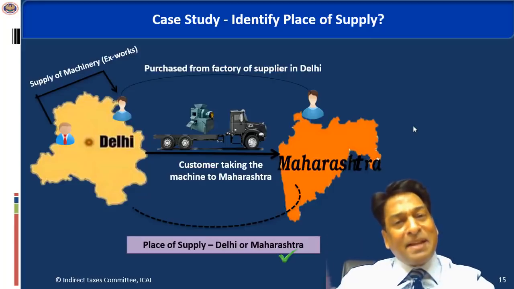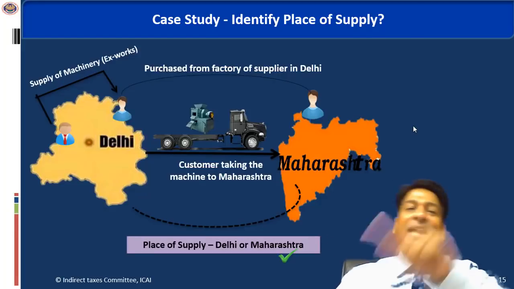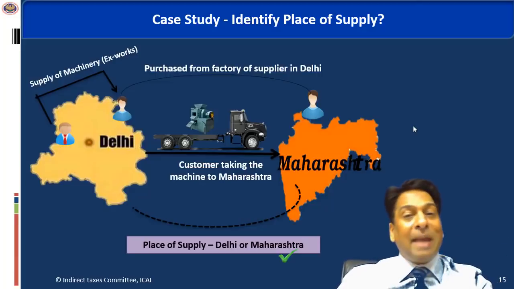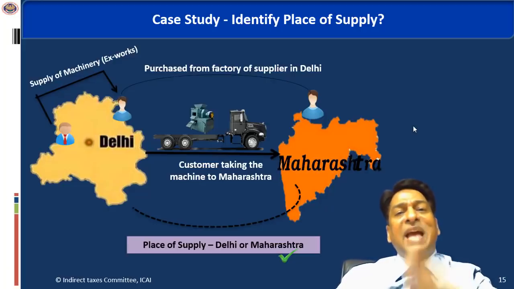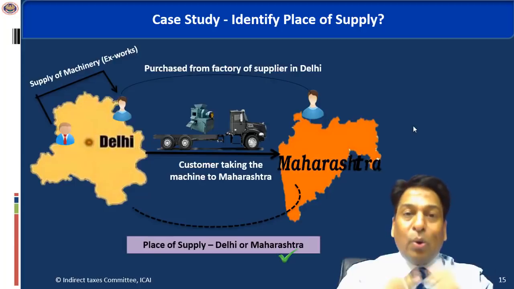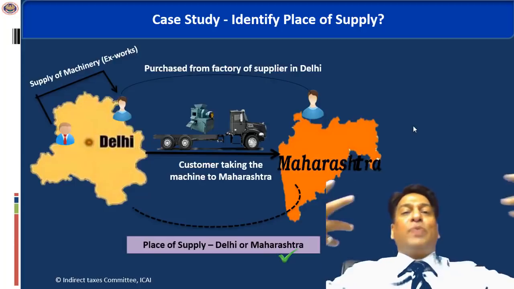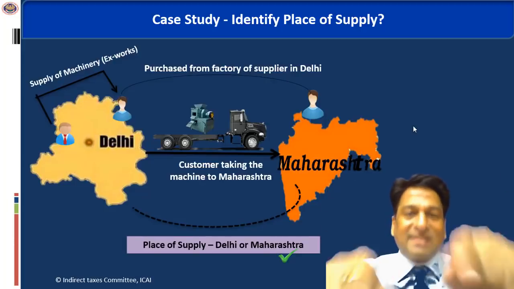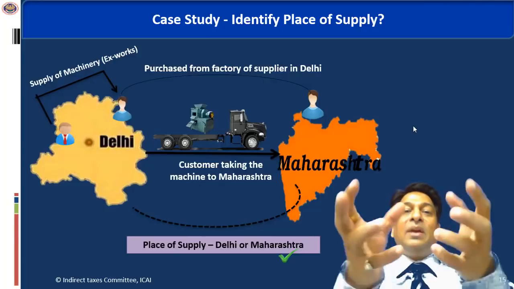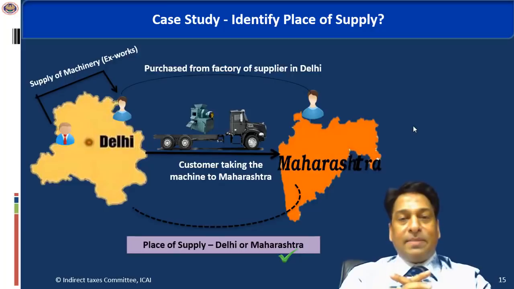Then this recipient customer must have given his GST number. So what happened when he gave the GST number? His GST number has the Maharashtra state code. And you all know that when a supplier is supposed to raise a tax invoice in GST, there are certain particulars that need to be filled in that tax invoice.